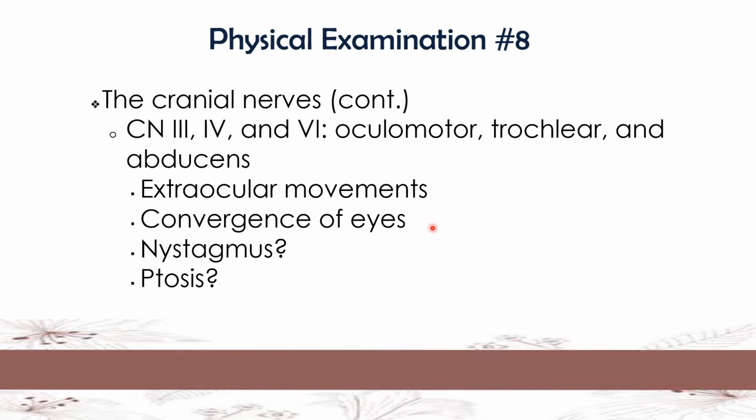You can ask the patient which direction makes the diplopia worse, and then inspect the eye closely for asymmetric deviation of the movement. Check for convergence of the eyes, and identify any nystagmus, an involuntary jerking movement of the eyes with quick and slow components. You have to check also if there is double vision.